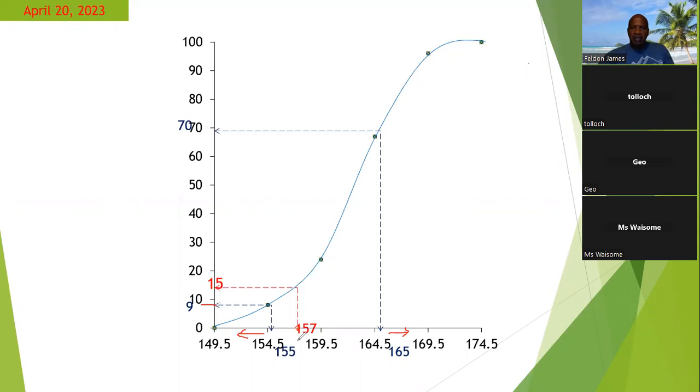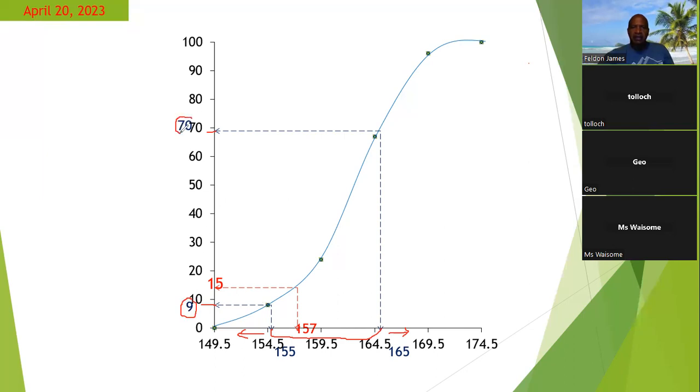So what we really want is the number of men between these values. And to find the number of men between these values, we find the number of men for the upper value, and then we find the number of men for the lower value. Then we are going to subtract the lower value, which is the 9, from the upper value, which is 70.